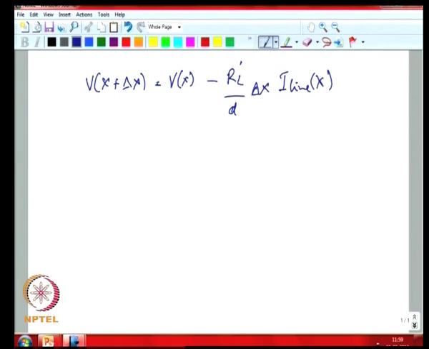So, you can now substitute for I of x from the expression that we had previously.